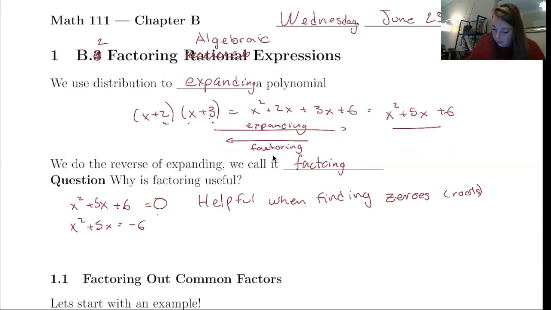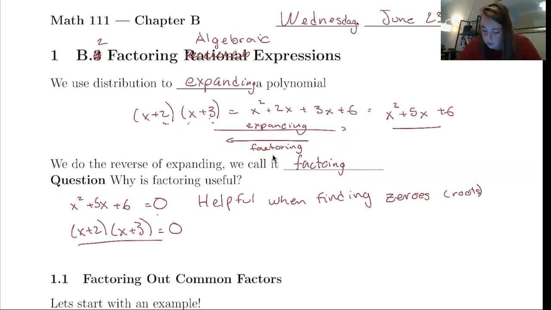But if I factor, I would get x plus 2 and x plus 3 equal to 0. And we'll talk about something called the zero product property, which will then help us further solve this equation. Okay, but that's why factoring is very, very useful, finding roots.